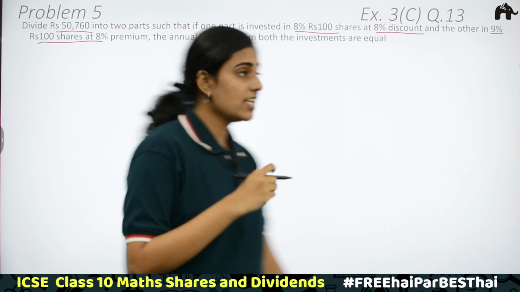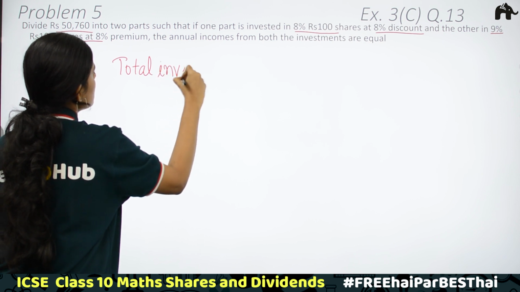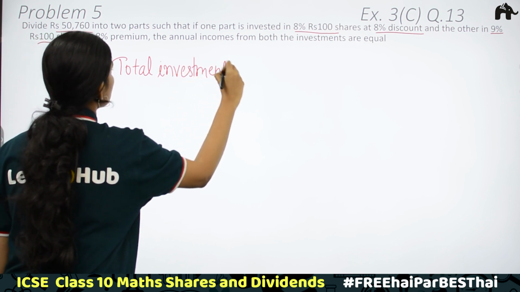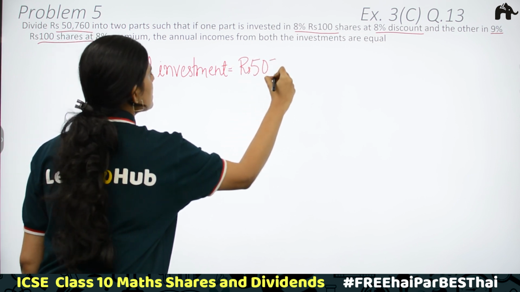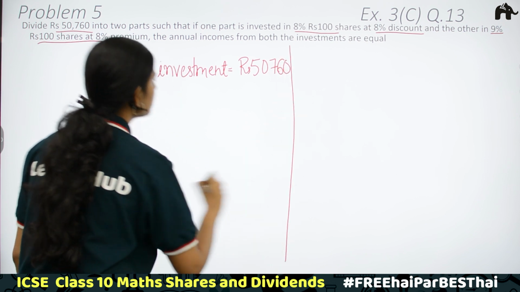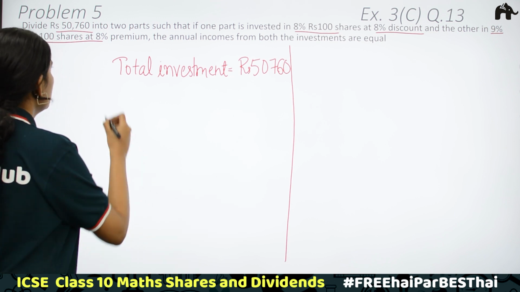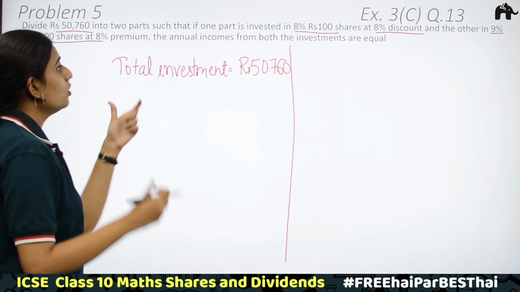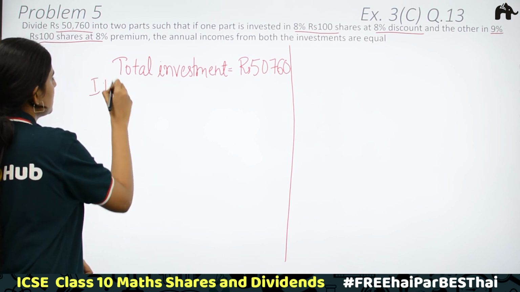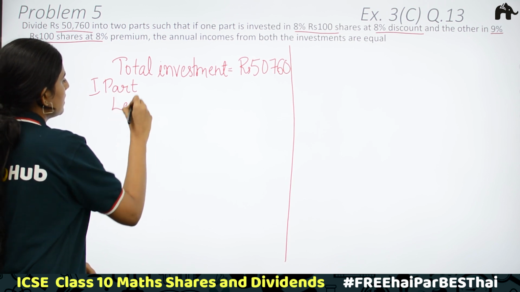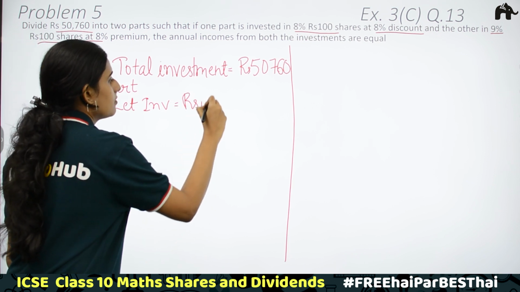Given that the total investment is equal to rupees 50,760. Okay, 50,760. Now, we don't know what the investment for each part is. Let us take, for first part, let investment is equal to rupees Y. Okay.